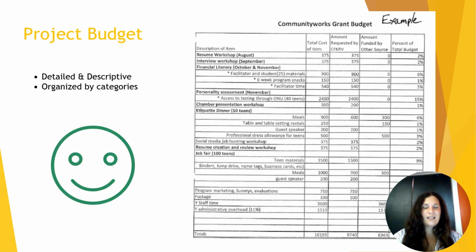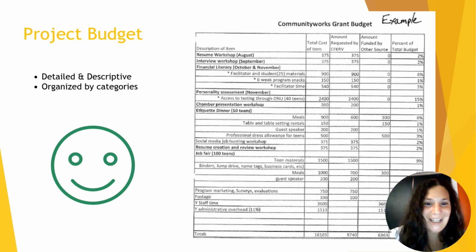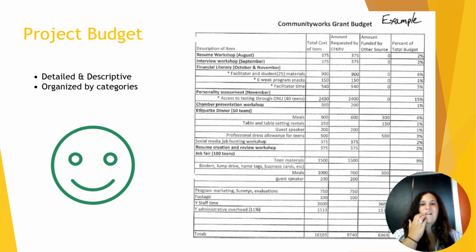So here is an example, we got a green smiley face here, of a detailed and descriptive budget. It's organized by category, and it's descriptive. I gotta lean in here so I can read a bit better. They have the resume workshop in August, and the interview workshop in September, and then the financial literacy in October and November, and in October and November, they need these certain materials.